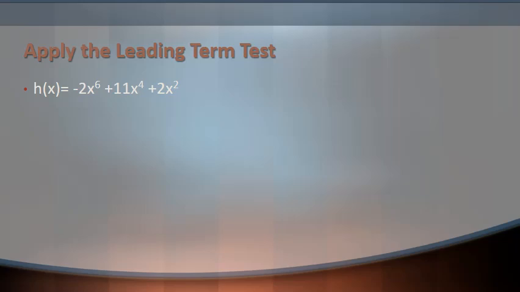Now, in this case, our function is negative 2x raised to the sixth power plus 11x to the fourth power plus 2x squared. We're applying the leading term test, looking here at this lead term, and it is being raised to an even power, the sixth power.